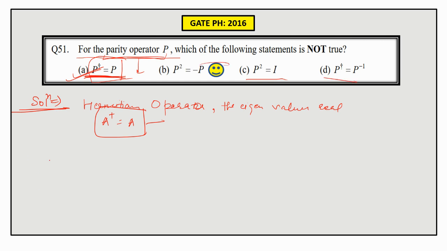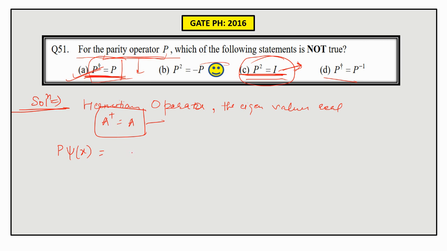Now coming back to these other options. The parity operator is just a space inversion about the origin. So you have this P operating on some state. This thing is also correct. If you operate your parity operator on a wave function twice, you get the same wave function, and this will be the identity operator.